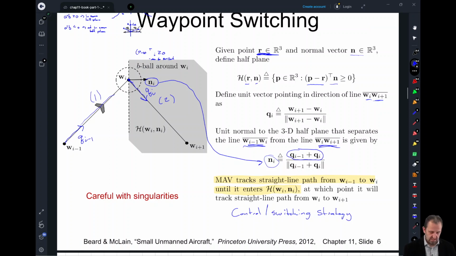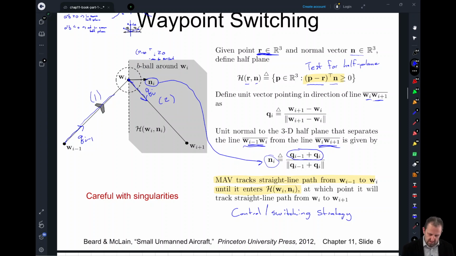And we have a really good test, right? I should highlight the actual test for when we're in the half plane. So we have a nice straightforward test. We can test whether we're in the half plane, and once we've crossed into it, we'll start executing the next line segment.